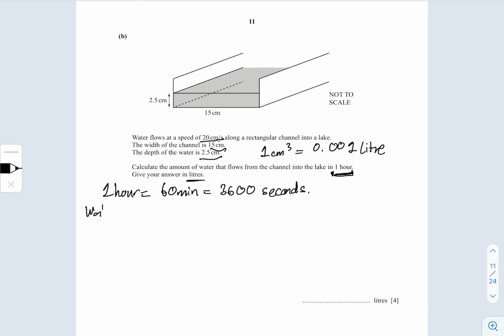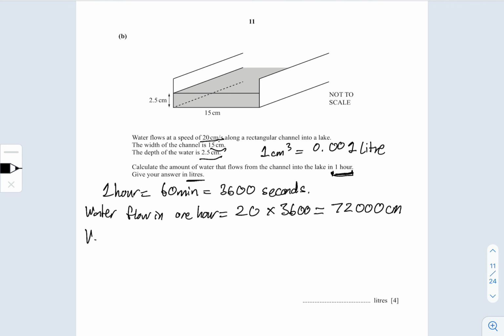The water that flows in 1 hour equals the speed, 20 cm per second, multiplied by the time, 3,600. We would get 72000 cm.